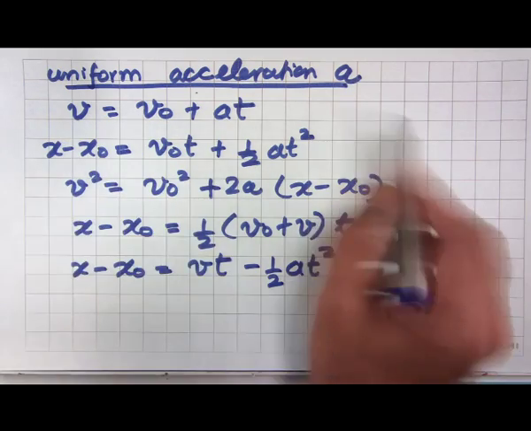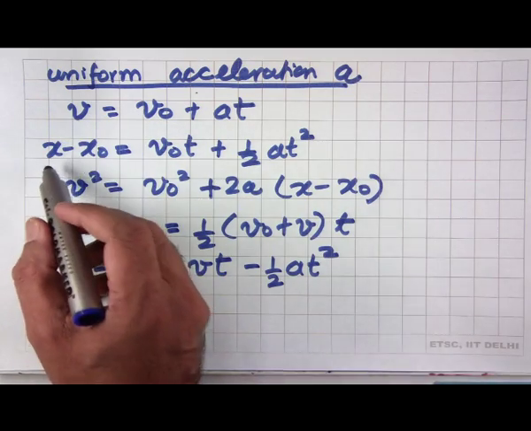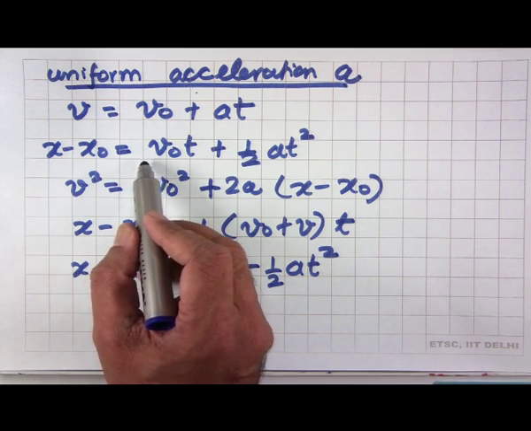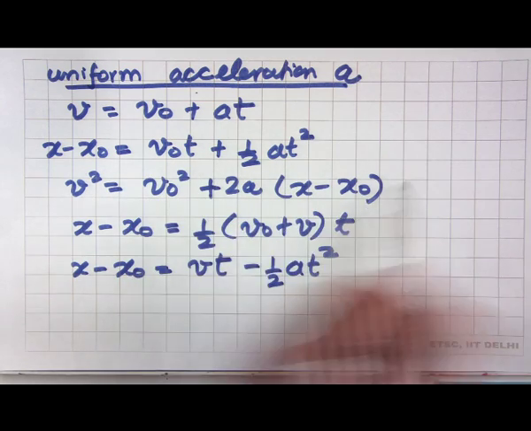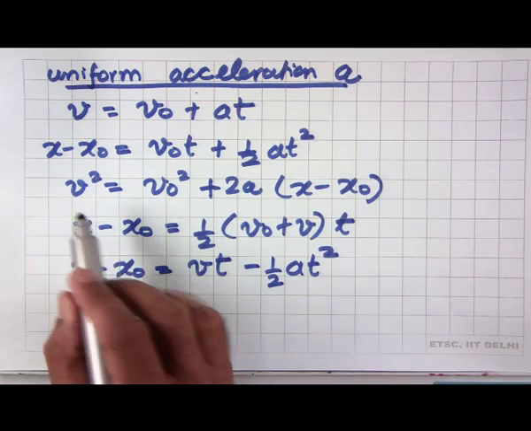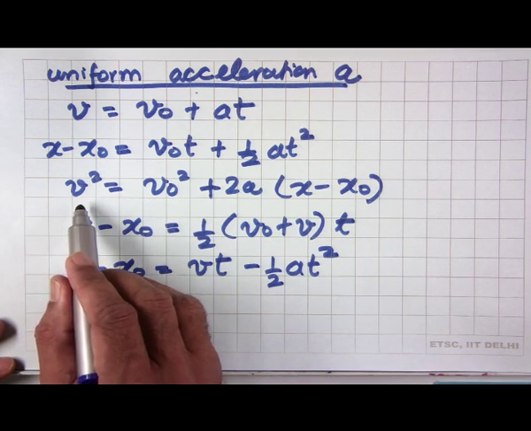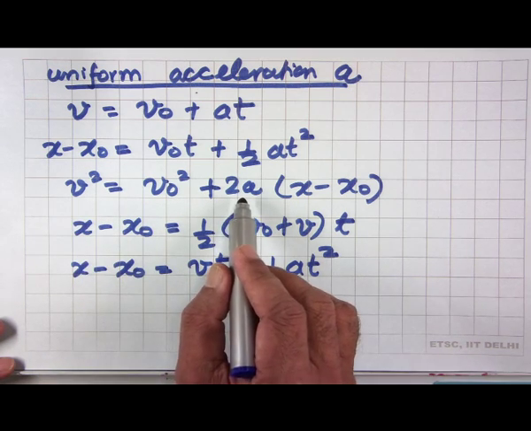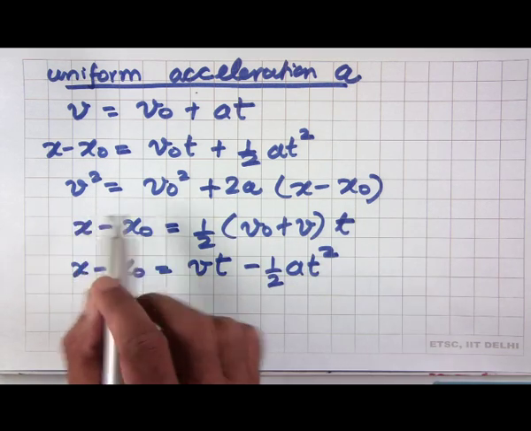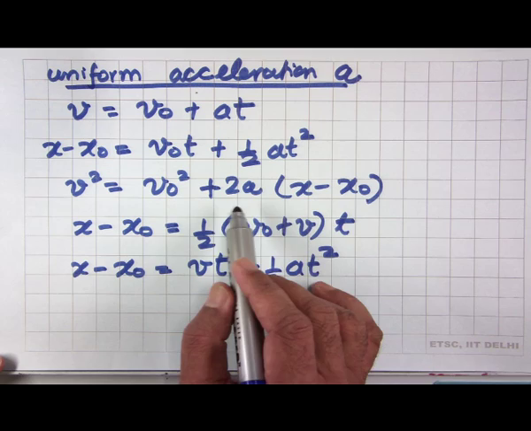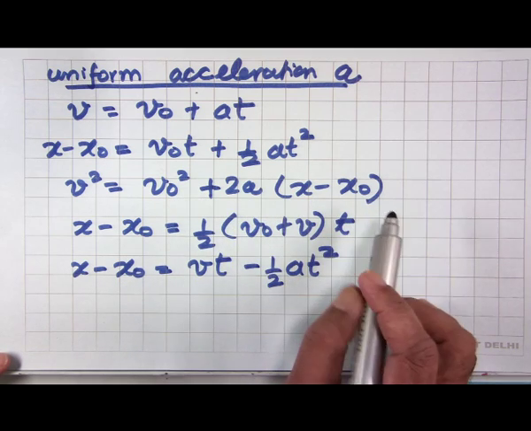The distance covered during this interval, which we write as x minus x0, can be given by v0 t plus half at square. And if we know the initial velocity and the final velocity, the acceleration and the distance, then the relation between these goes by v square is equal to v0 square plus 2a times x minus x0.